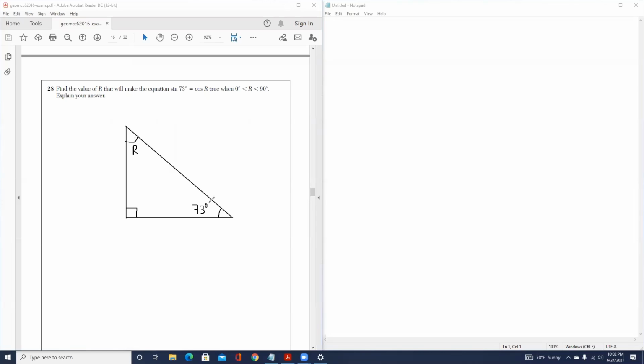And in terms of this angle 73 degrees, we're going to call this our home angle. Because relative to this angle, this side is the opposite side, this side is the adjacent side, and this is the hypotenuse side.